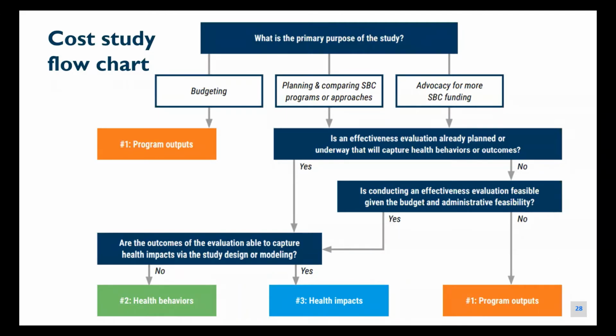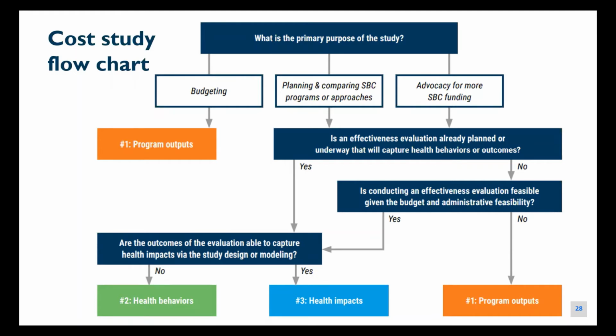However, if there are other purposes of interest, the next question is whether there's an evaluation in place to capture changes in health behaviors and outcomes associated with SBC. If there's not one already in place, the next question is, is one possible given the program budget and administrative feasibility? And if the answers to these questions are both no, then one should again focus on program outputs.